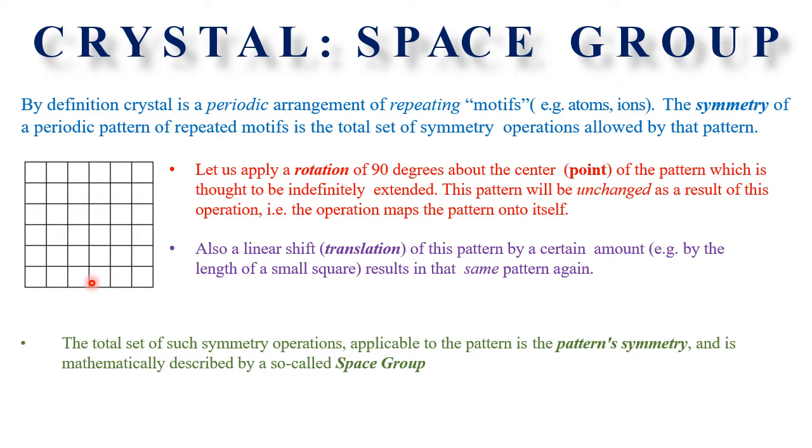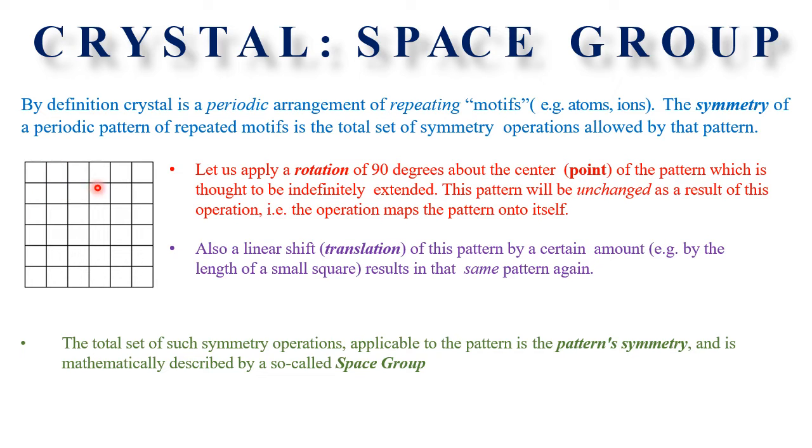This pattern will be unchanged as a result of the operation. That is, this operation maps the pattern into itself. There is also a linear shift, and this linear shift is known as translation. A linear shift of this pattern by a certain amount results in the same pattern again.